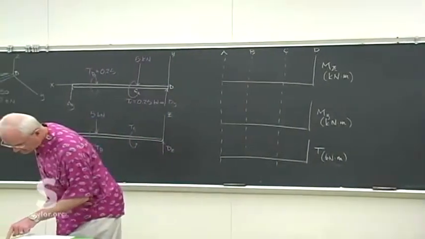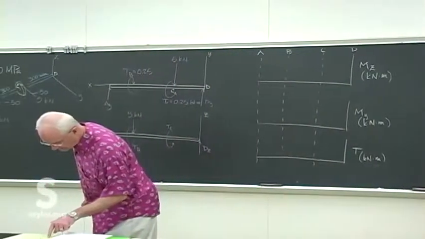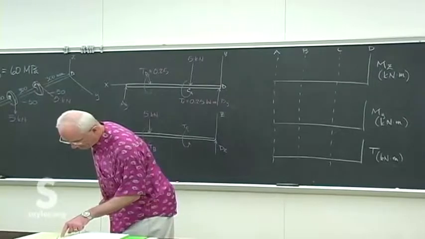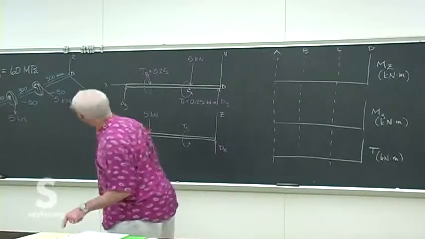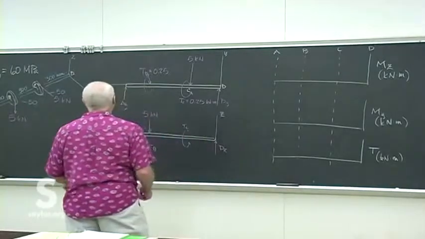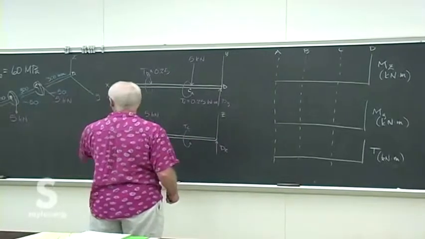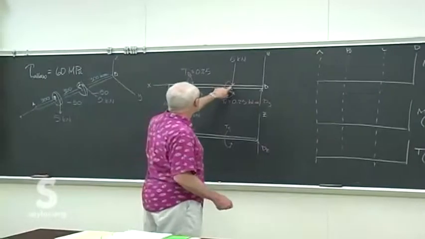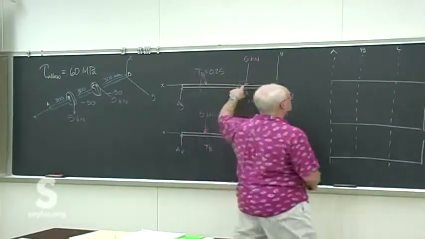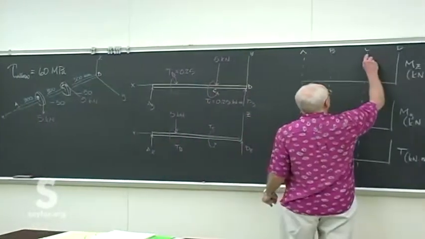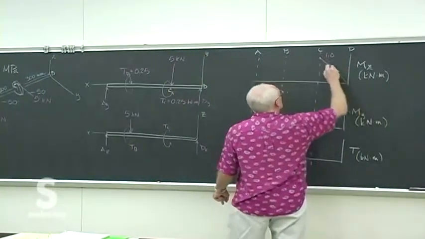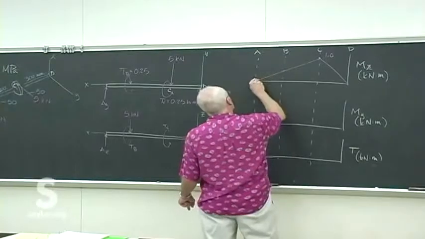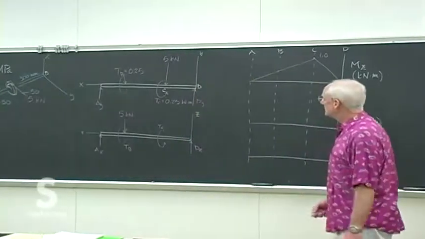I have, let's see, in the Y direction, make sure I've got the right order, MY. Okay. We only have bending moment for this one, and I believe it's 1.0. No moment at the bearings.